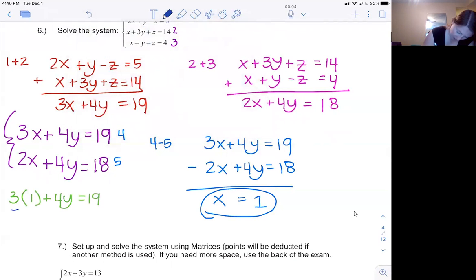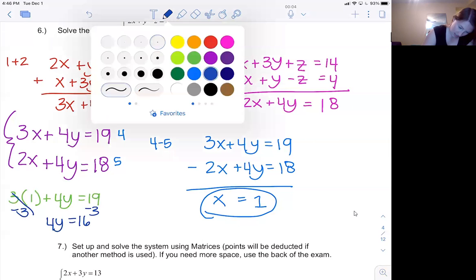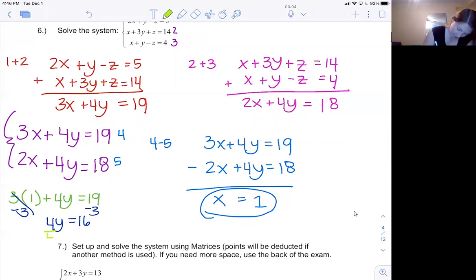So I'm going to subtract the 3, subtract the 3. So I've got 4y equals 16. And then if I divide by 4, I have y equals 4. So I have my x and my y.